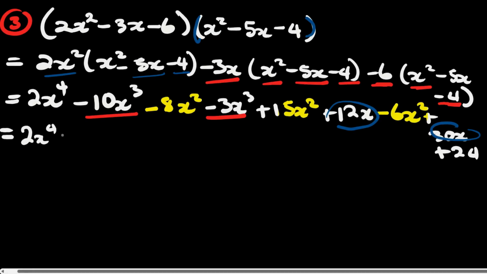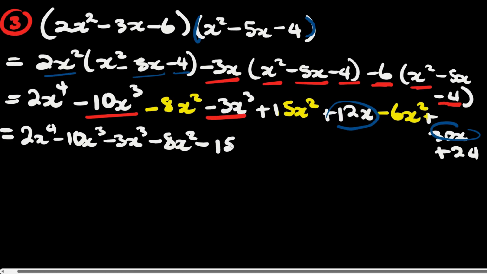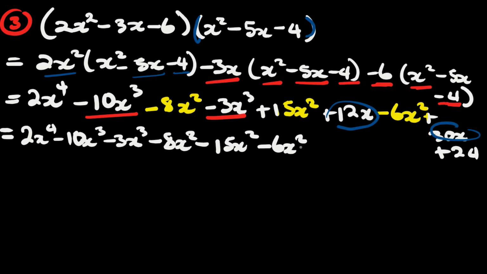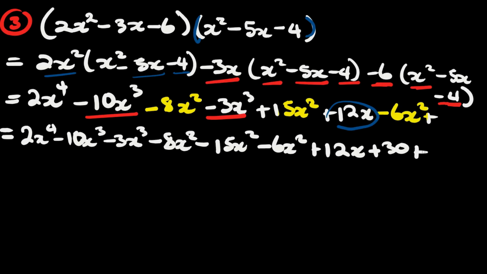So it's 2x to the power 4 minus 10x to the power 3 minus 3x to the power 3 minus 8x squared plus 15x squared and minus 6x squared plus 12x plus 30x plus 24.